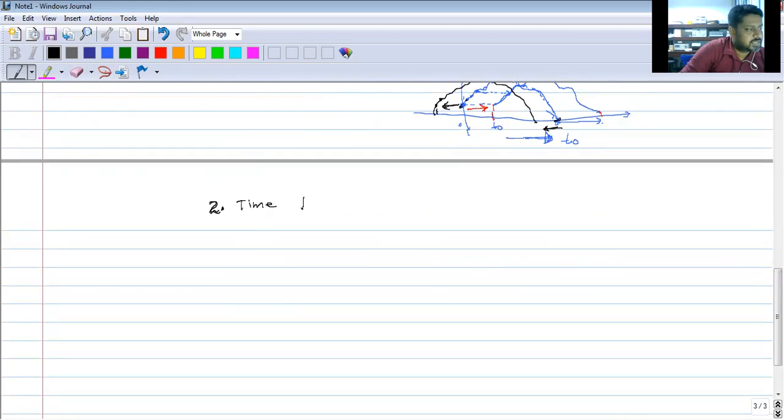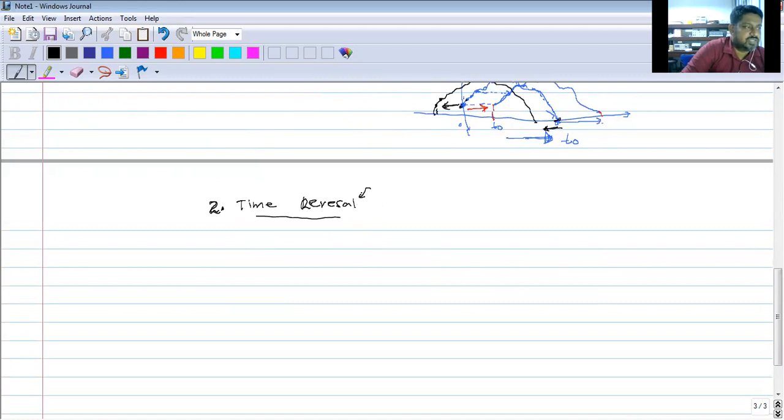Time reversal. If we talk about time reversal, actually we have used this technique. I think you can remember that when we evaluated even and odd functions, we used time reversal.